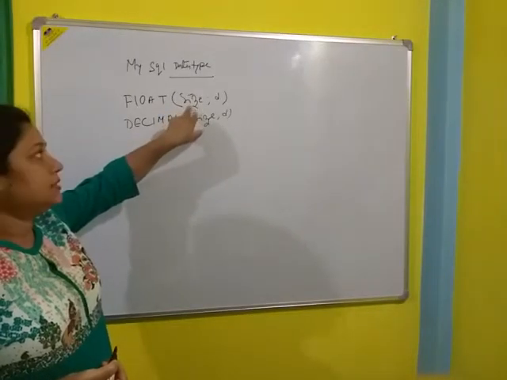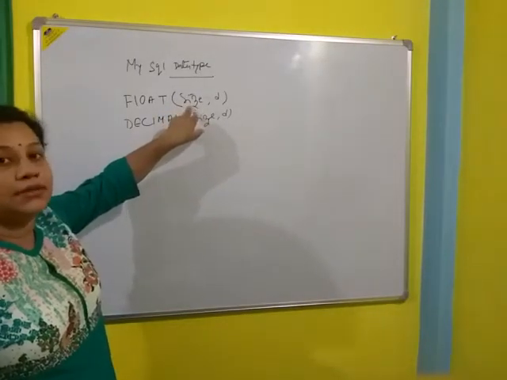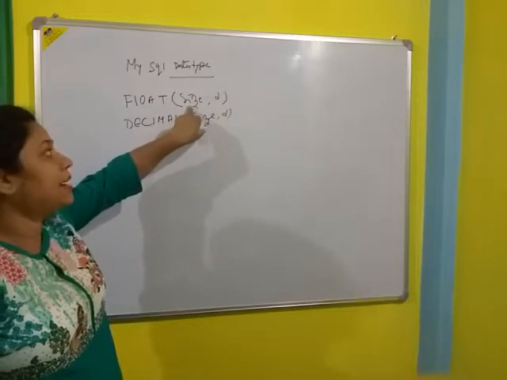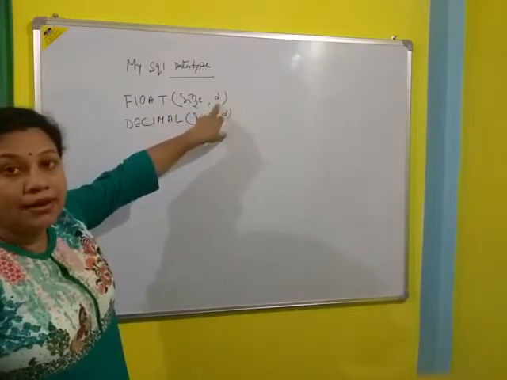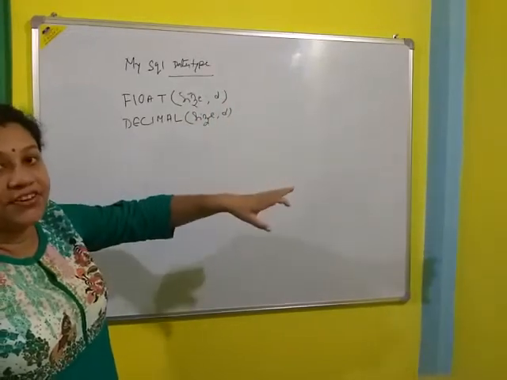This size indicates the total number of digits, and this D is for the number of digits after the decimal point.